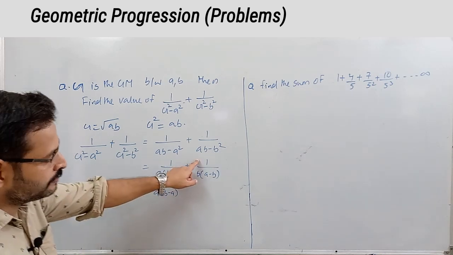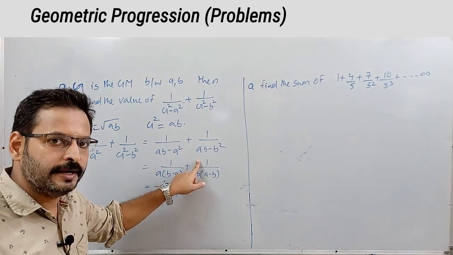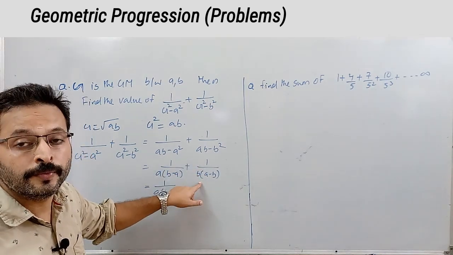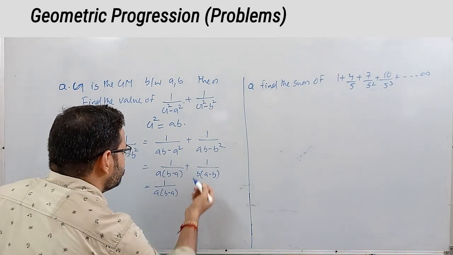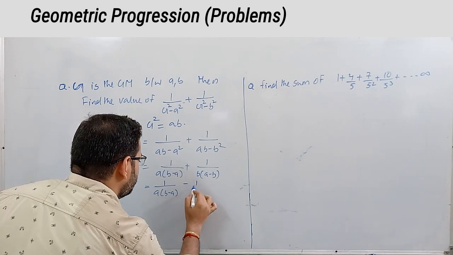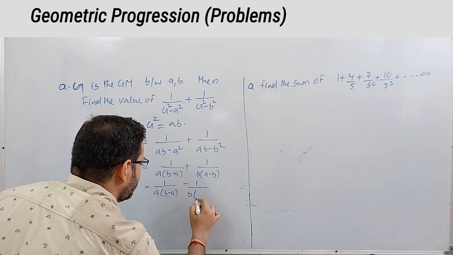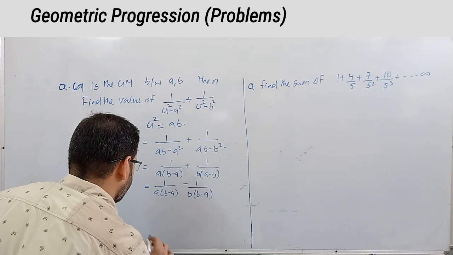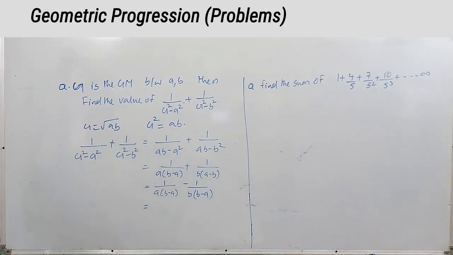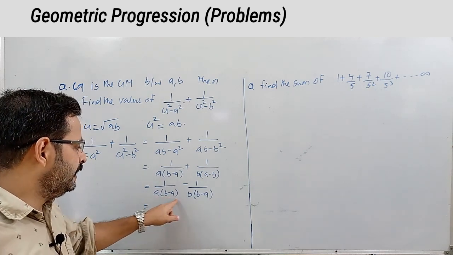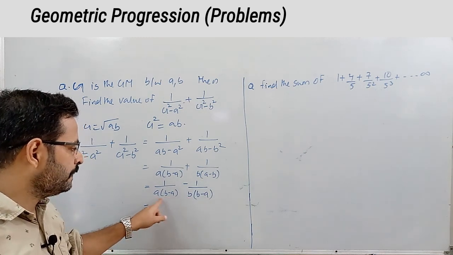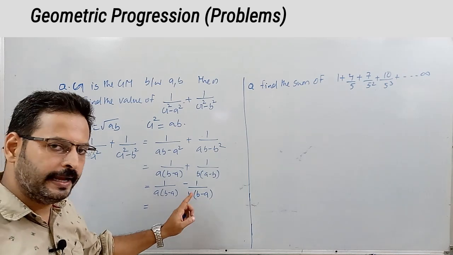Now both the terms of the ratio can be multiplied or divided by the same non-zero number, property of a ratio. That means the numerator is multiplied with minus 1, we get minus 1 divided by B into B minus A. Now take LCM. A into B minus A, then B into B minus A, that means AB into B minus A will be the LCM.